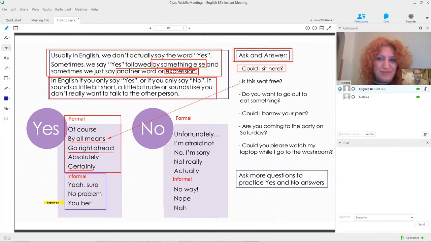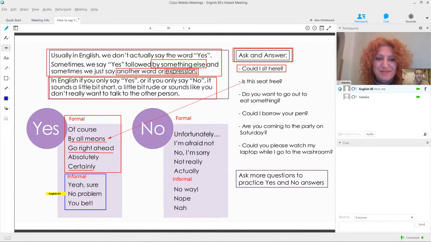No. Usually you can use you bet when you talk with your friends. For example, do you want to go to a party next Saturday? You bet. It means like, yeah, sure. Have you heard about this one? No problem. Yes. So it's another way of saying yes.